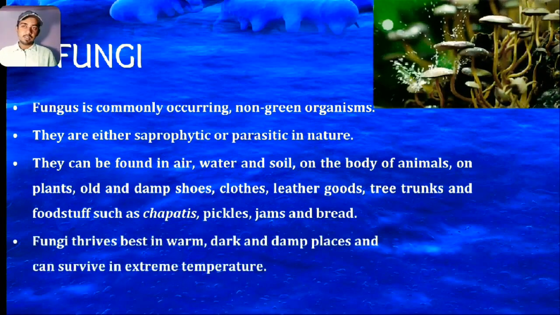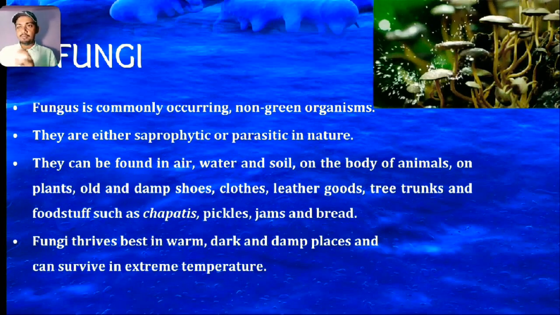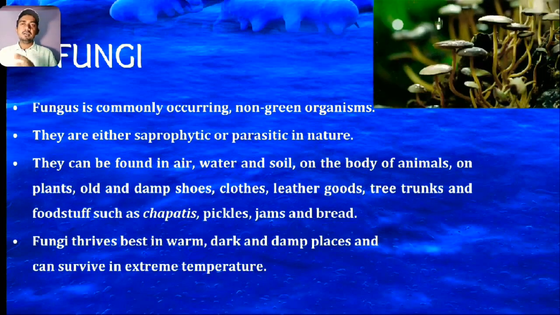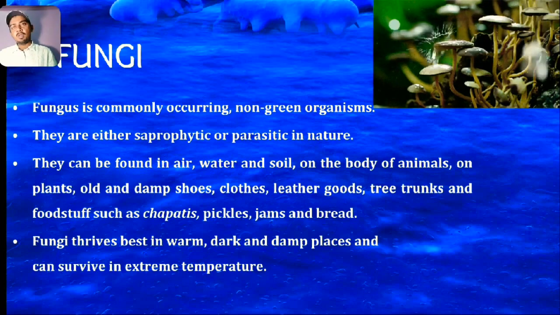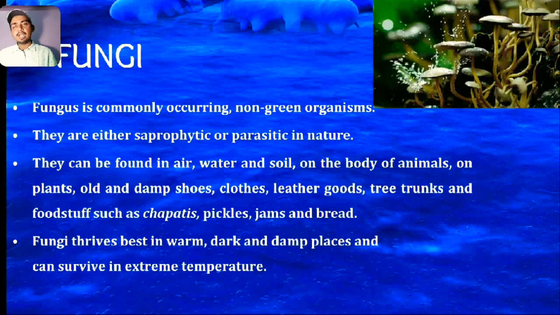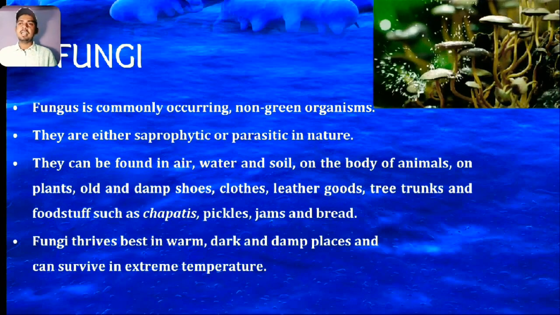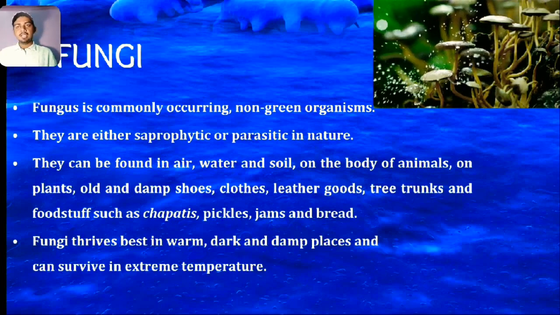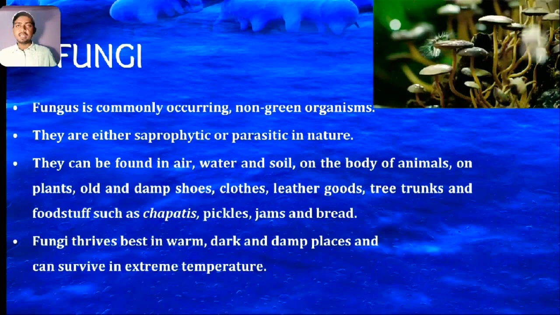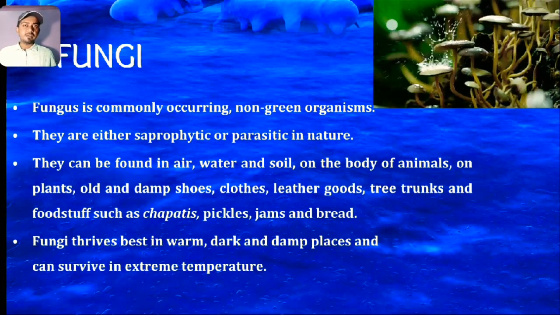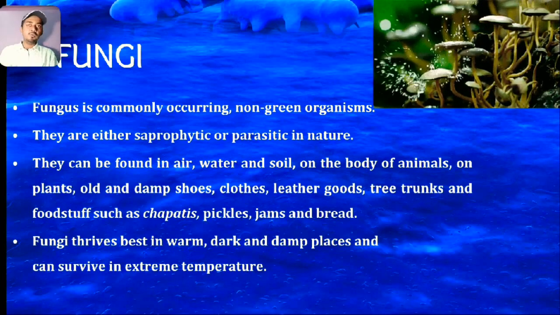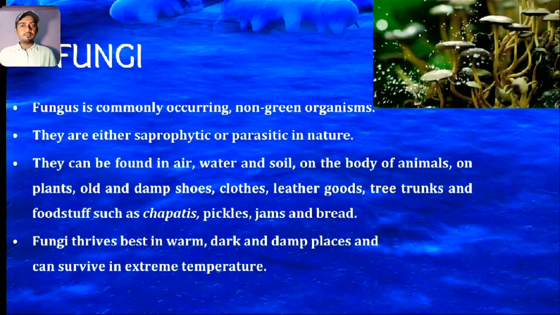Fungi thrive best in warm, dark and damp places. Why dark? Because sunlight is harmful for these types of organisms. Fungus is highly affected by sunlight. You may have noticed that if you have an old leather jacket or leather shoes and some fungus grows on it in the rainy season, you take it to the roof and leave it in the sun for the whole day.